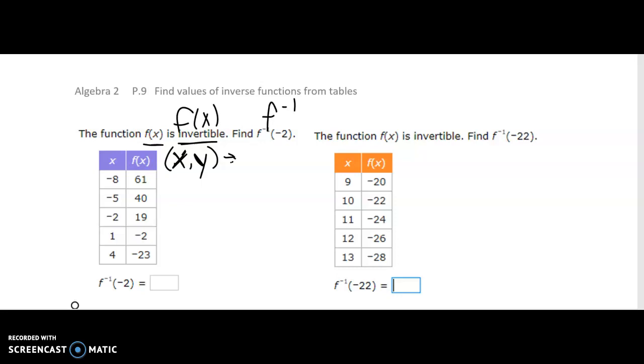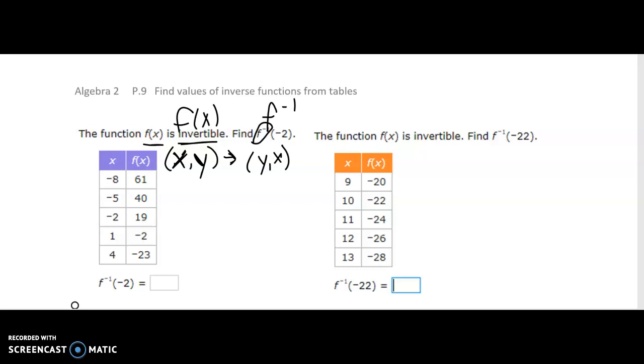F to the negative 1, which is right there that I just covered up, means inverse f, or f of inverse, okay? So the inverse of f at negative 2, which means everywhere the x was, the x and y switch, basically.